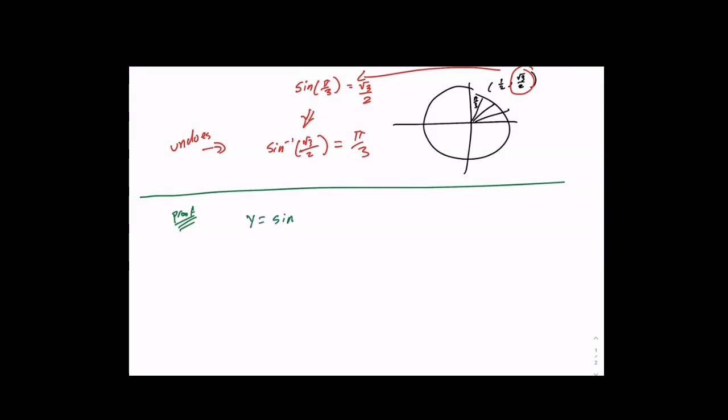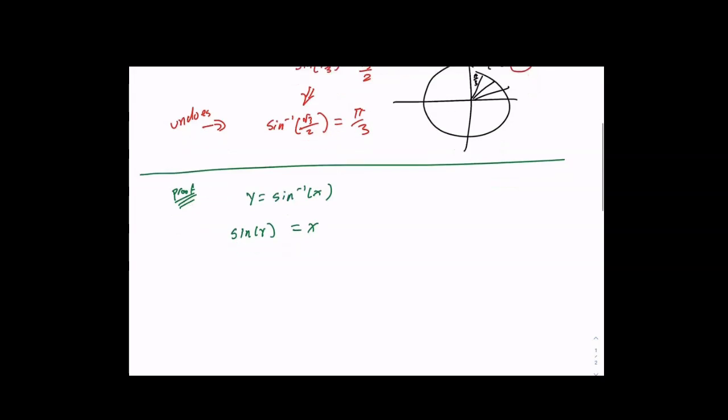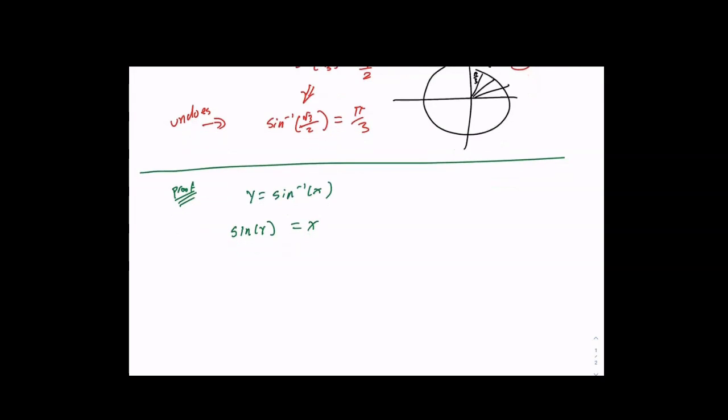If y is equal to the inverse sine of x, all it means is that the sine of y is equal to x. So if you recall from your algebra days, if y equals sine of x, then the inverse is where you switch x and y, and then you solve for y. When you solve for y, you get what is called the inverse sine.